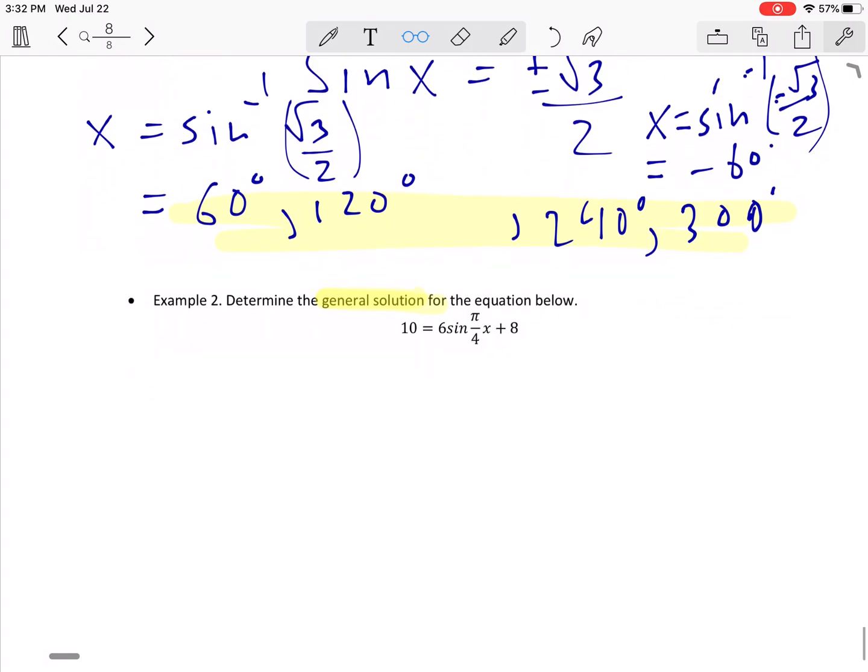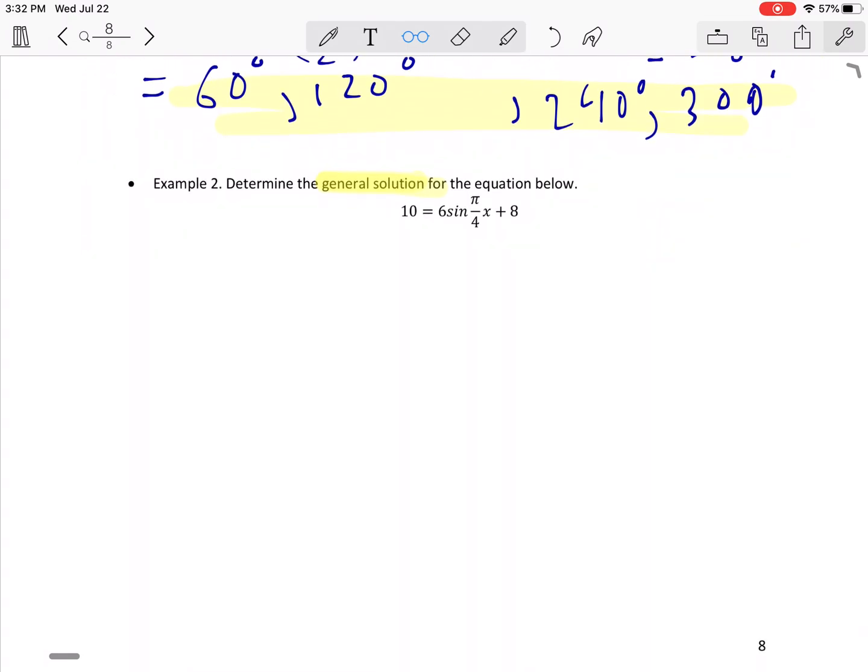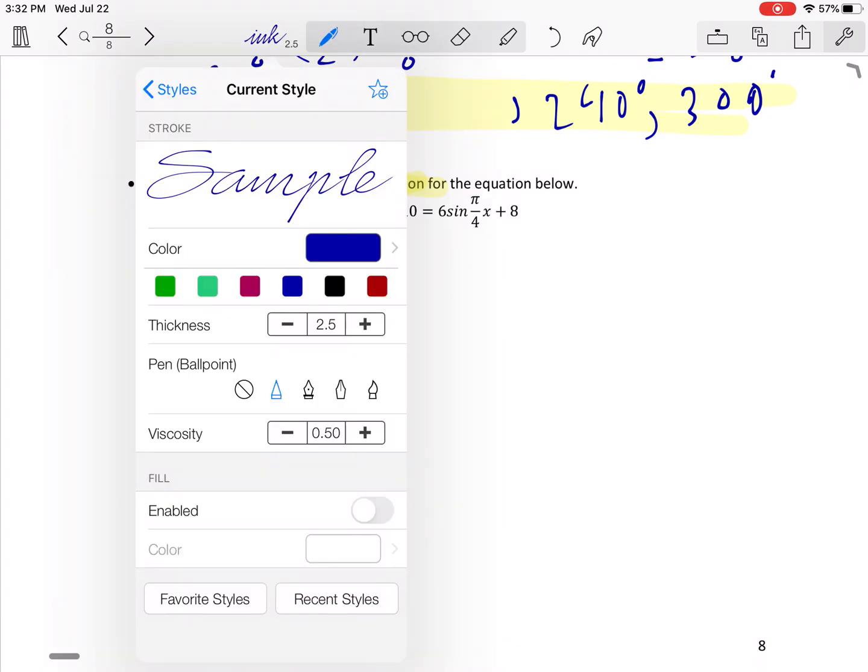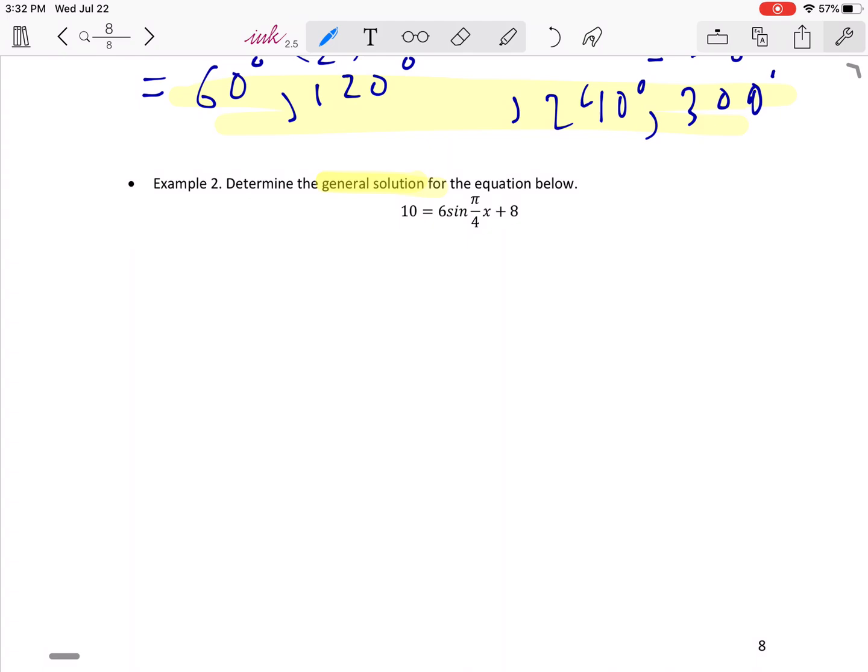Again, it's about figuring out whether we're working in degrees or radians. Whenever you see pi in the question, that means we're working in radians. So it's really important that you're able to go back and forth in terms of your mode on your calculator.